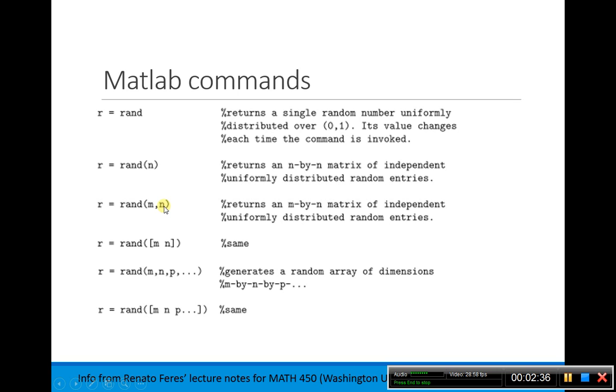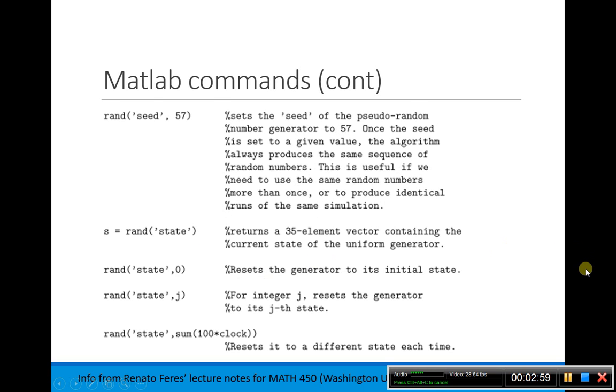Again, all the entries are drawn from a uniform distribution. We're going to actually use this in the next couple of slides, and we may use it in some of our routines. Here, this is just another way of doing the exact same thing. You could do [m n] instead of m comma n, and then you have other versions of this.